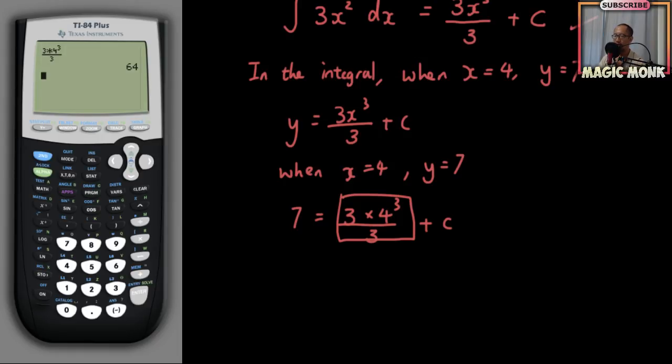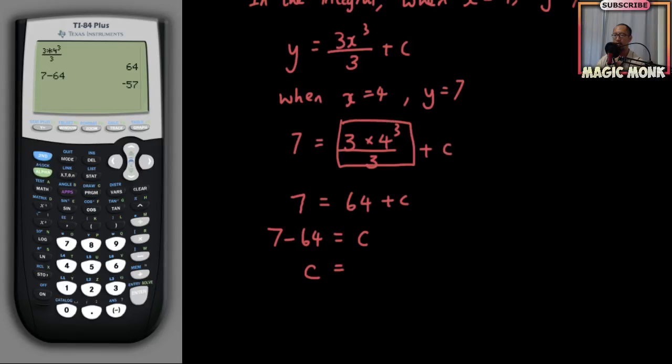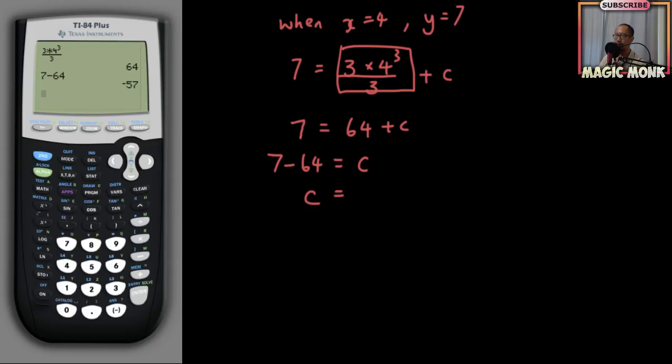So 7 equals 64 plus c, c equals 7 minus 64, and the answer is negative 57.